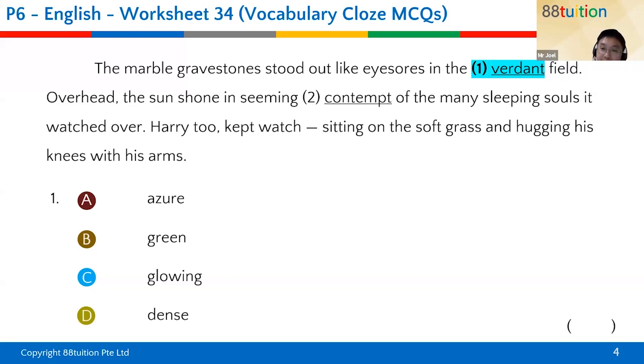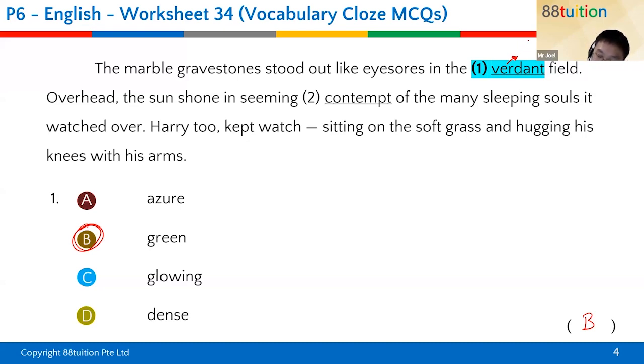So the answer over here, some of you got it wrong, some of you got it correct. Chris, I think you got it wrong. So the answer here is green. So the answer here is B. So why do we say green? When we say something is verdant, normally we use the word verdant to refer to forests that are full of life.